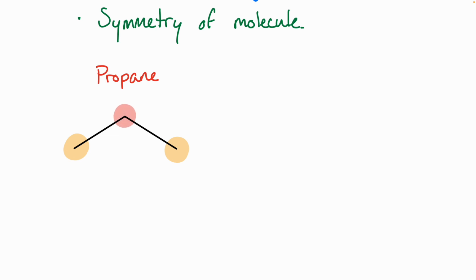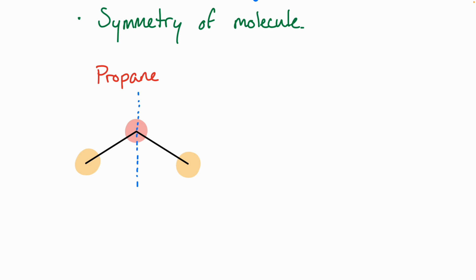The easiest way to see this idea of chemical distinction is to look for symmetry, either rotational symmetry or reflective symmetry. The fact that I can fold this molecule in half along this axis lets me know that these two carbons must be in the same group. There's no chemical distinction between those two carbons.